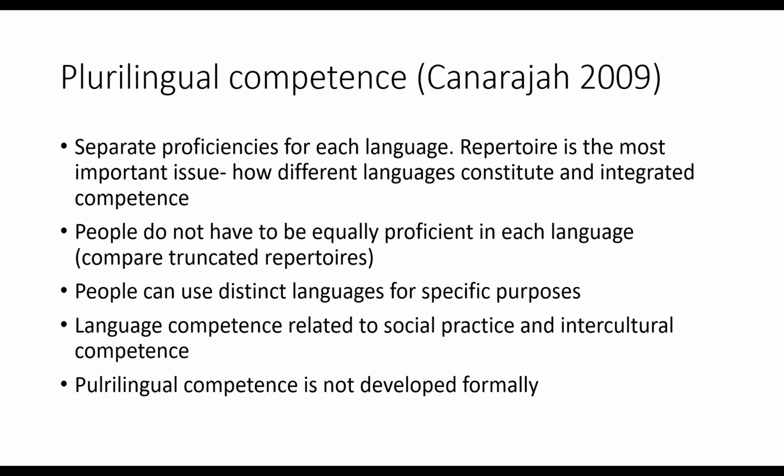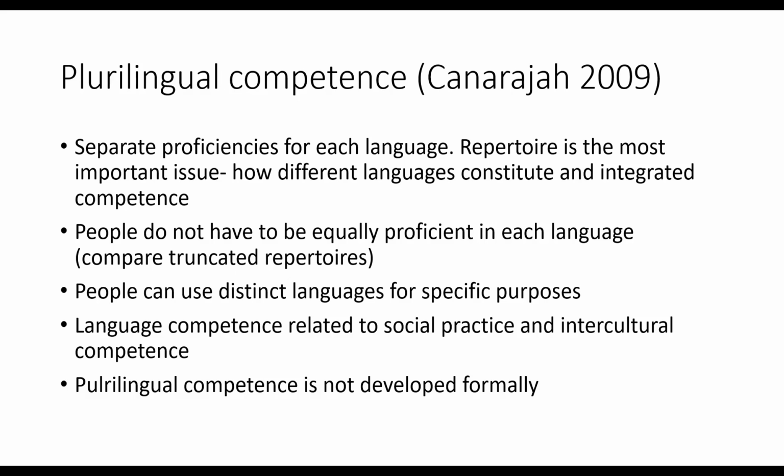Remember, we said repertoire consists of all the languages that a person has available to them. The plurilingual competence results in the different languages and how these languages are integrated into the person's language competence altogether.